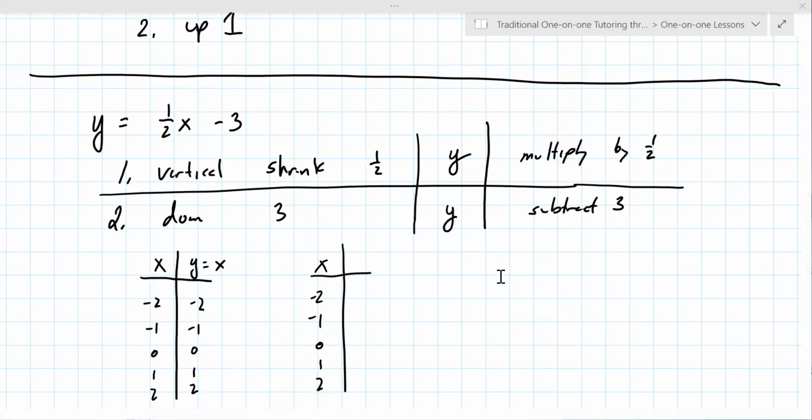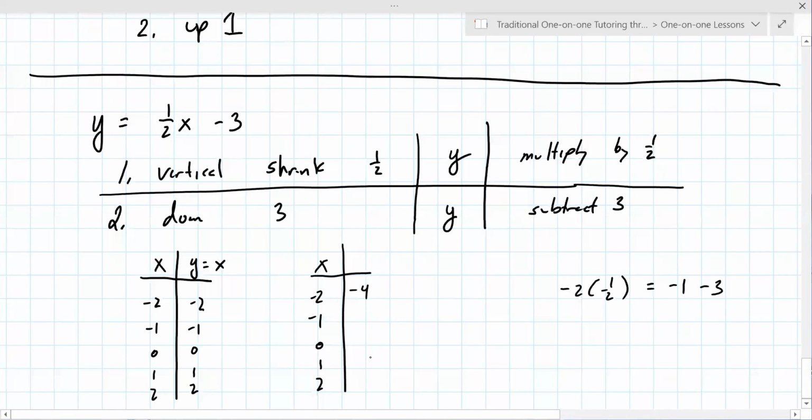So it's like -2 times 1/2. That's this one here. Does that just become positive 1? -1. -1 minus 3 is -4. Very good. And then -1 times -2 is -2 minus 1 is -3. No, it's 1/2. You're multiplying by 1/2.